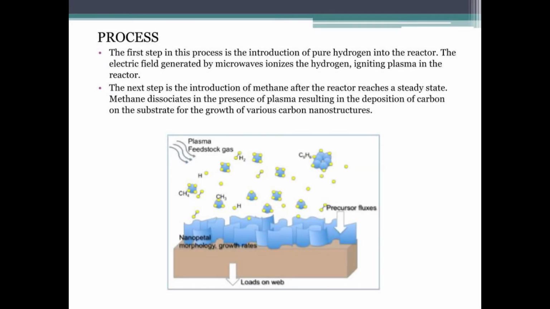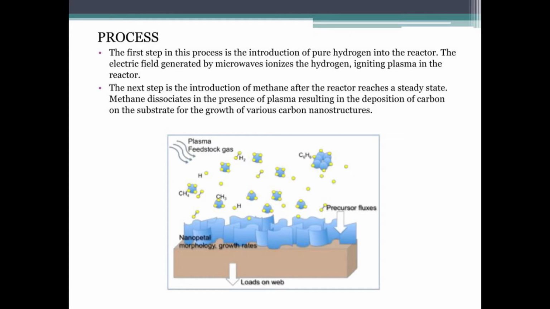The first step of microwave plasma chemical vapor deposition is the introduction of pure hydrogen into the reactor. The electric field generated by the microwave ionizes the hydrogen, igniting plasma in the reactor. The next step is the introduction of methane after the reactor reaches a steady state.